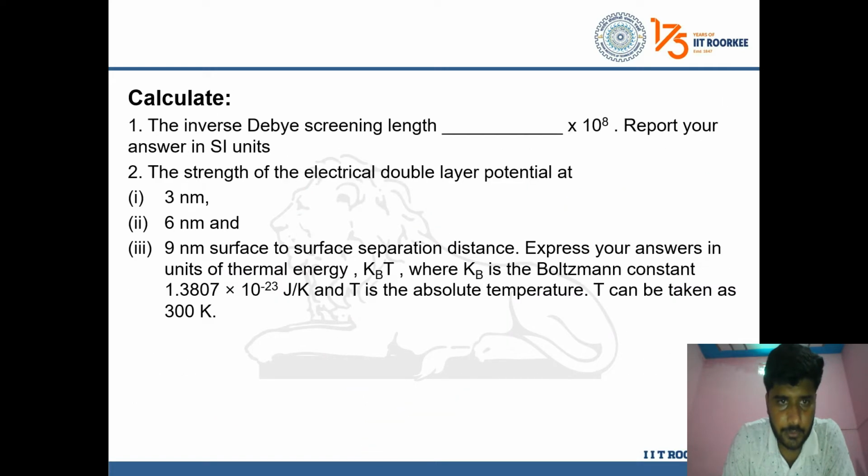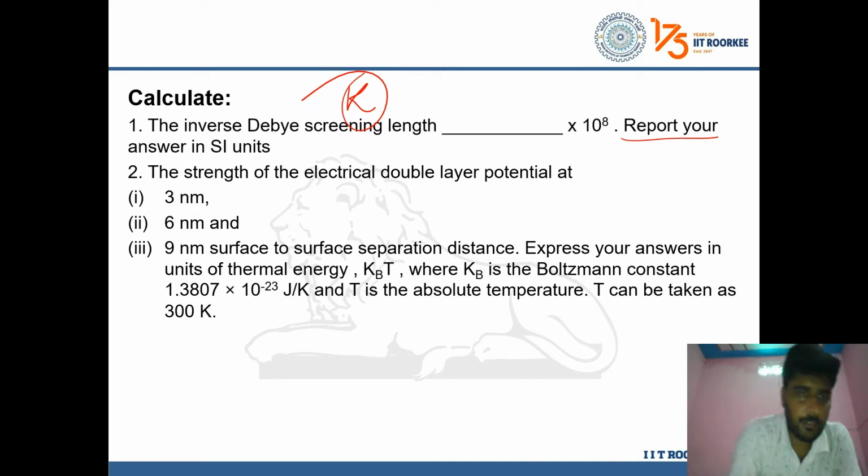So what you have to calculate first is the inverse Debye screening length, or the kappa value, and you report your answers in SI units. So let me solve this particular question.